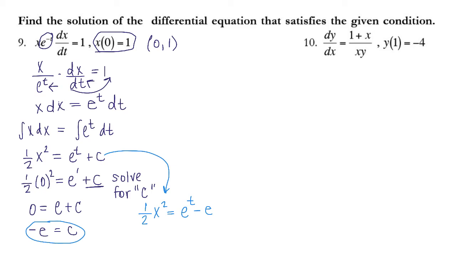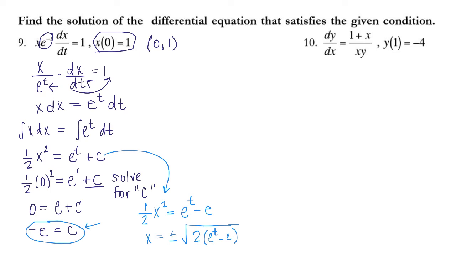And now we would solve for x, so we're going to multiply both sides by 2, and we'll take the square root. So x equals plus or minus the square root of 2 times e to the t minus e. And that's going to be our final equation. Notice we were able to find a particular value for c. Okay, moving on to the next equation.